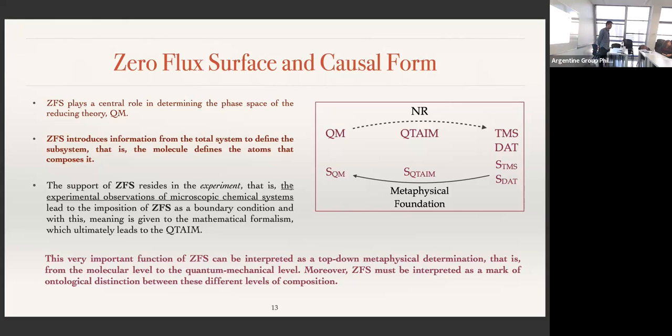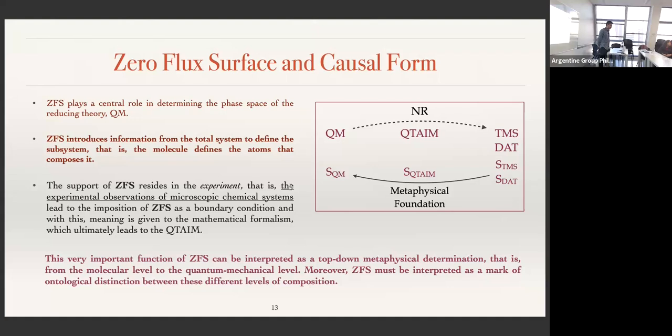But if you want to assert any causal, retrocausal power, because philosophers here will ask you to develop a lot, you have to make the current experiment on electronic density and the zero flux surface more connected.